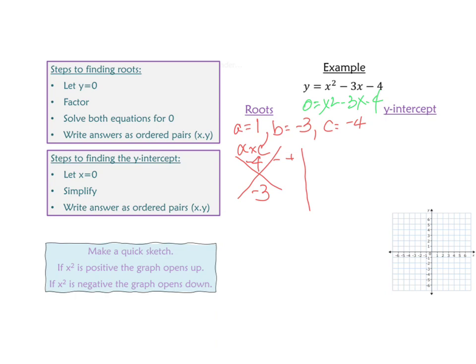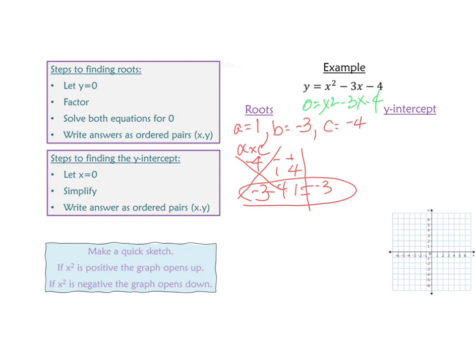So negative 1 times 4 doesn't work, but what if we reverse that order? What if we did negative 4 times 1? It would add up to negative 3, and it would result in a negative 4 answer to a multiplication problem.